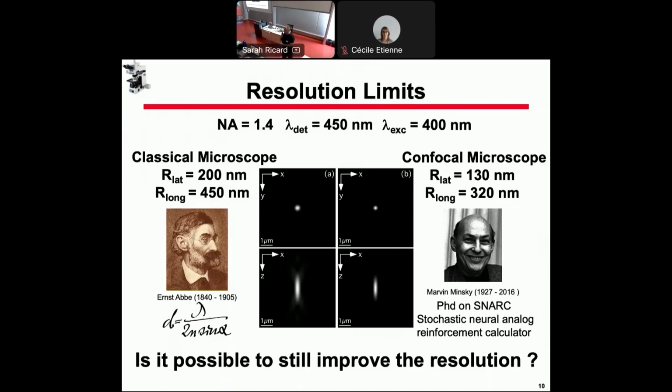He did not see the neurons with the microscope, so he invented the confocal microscope. Nobody was interested in it, so he worked on a stochastic neural analog reinforcement calculator, which is nothing else than the ancestor of convolutional neural networks. Marvin Minsky, one of the fathers of artificial intelligence.